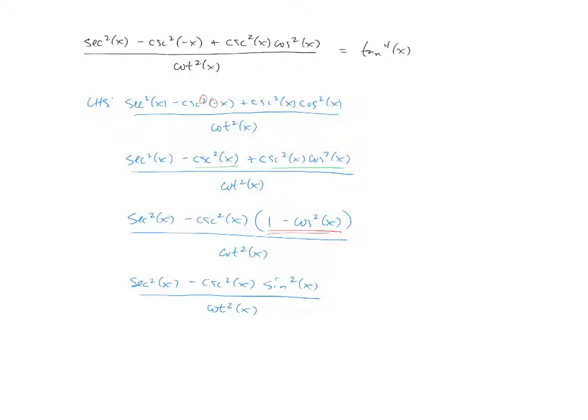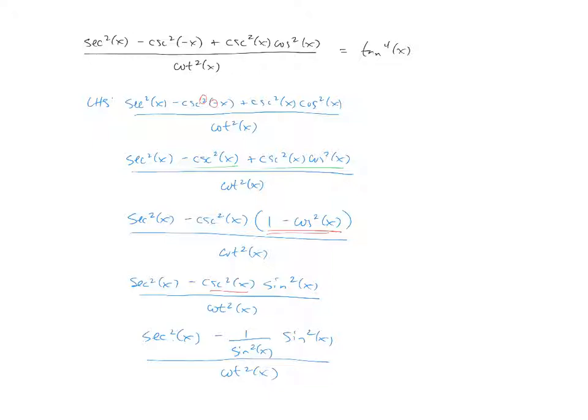And then I'll also make the observation that cosecant squared is 1 over sine squared. So I've got a 1 over sine squared there and a sine squared there, still over cotangent squared x. And again, watch how I'm showing every step here.